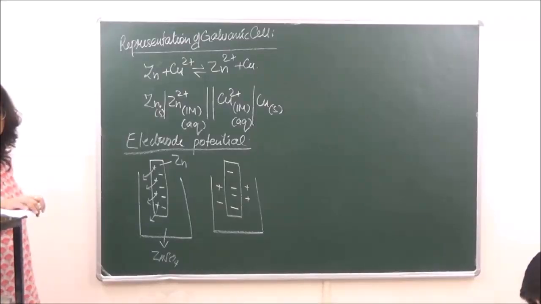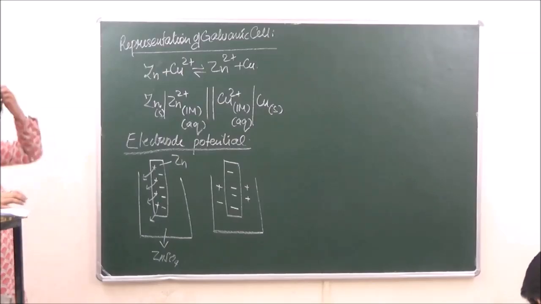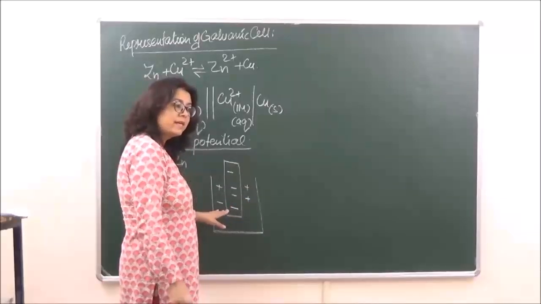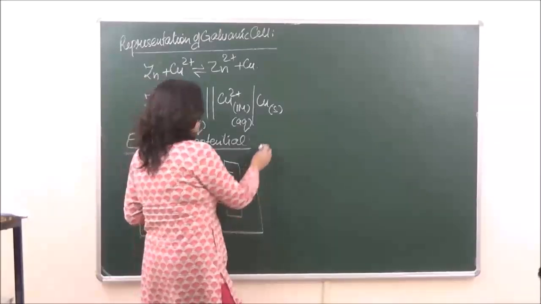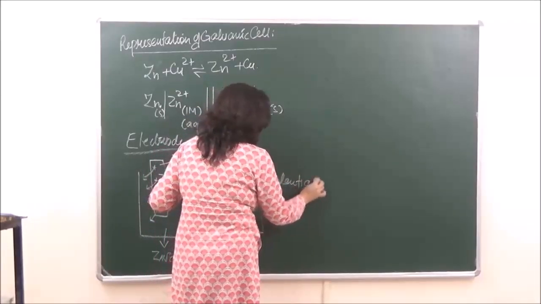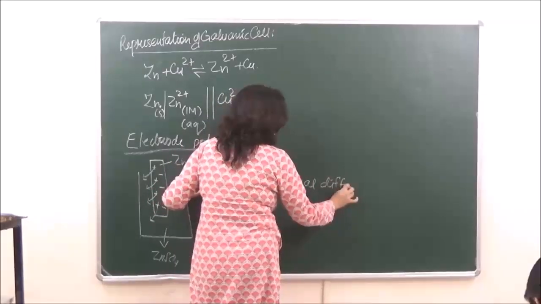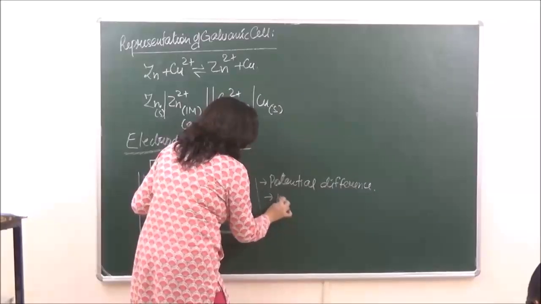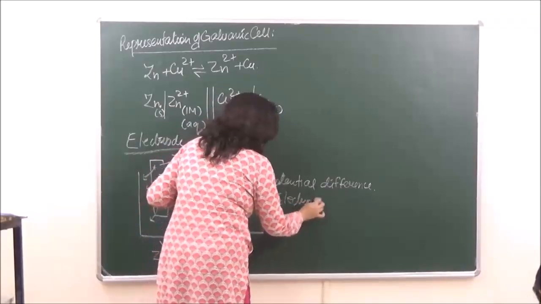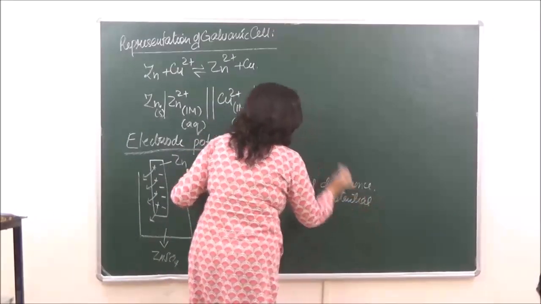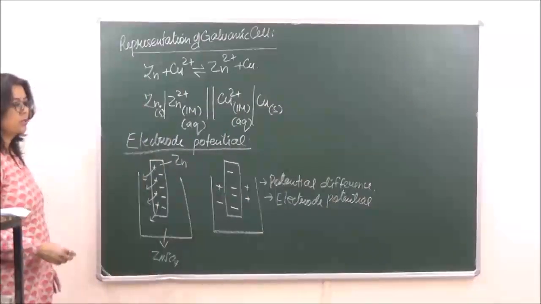So this potential difference which has occurred over here, the solution which is positively charged and the plate which is negatively charged, this potential difference which occurs is known as electrode potential, right?